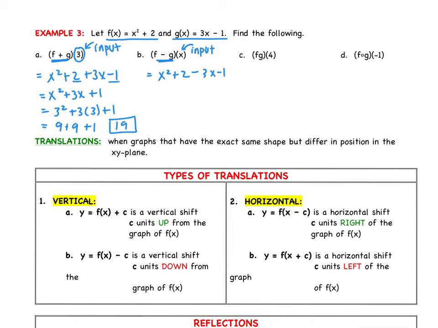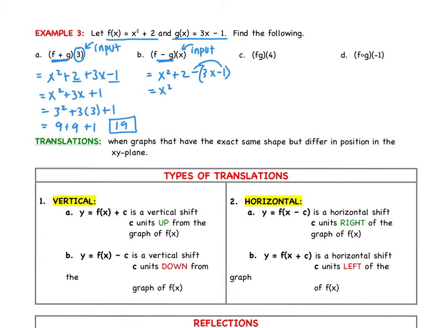Please be careful here. This is what most of you do, which is wrong. What am I missing? Parentheses. We need those parentheses. Why does it matter? Why are the parentheses necessary? I'm going to have to distribute the negative.